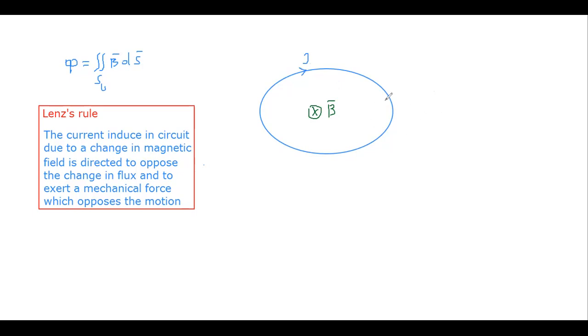Because according to the right hand rule, this direction of electric current leads to this direction of magnetic field, and this direction of electric current will oppose decreasing in magnetic field. Okay, do you have any questions about this? No questions. Okay.